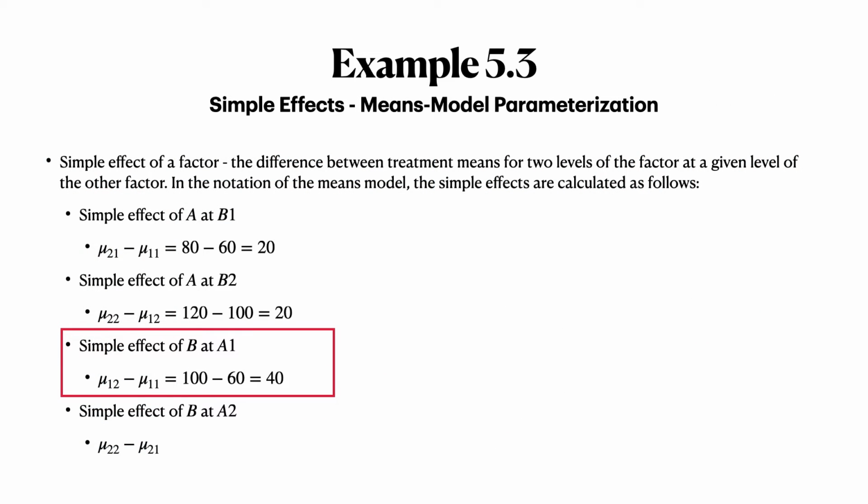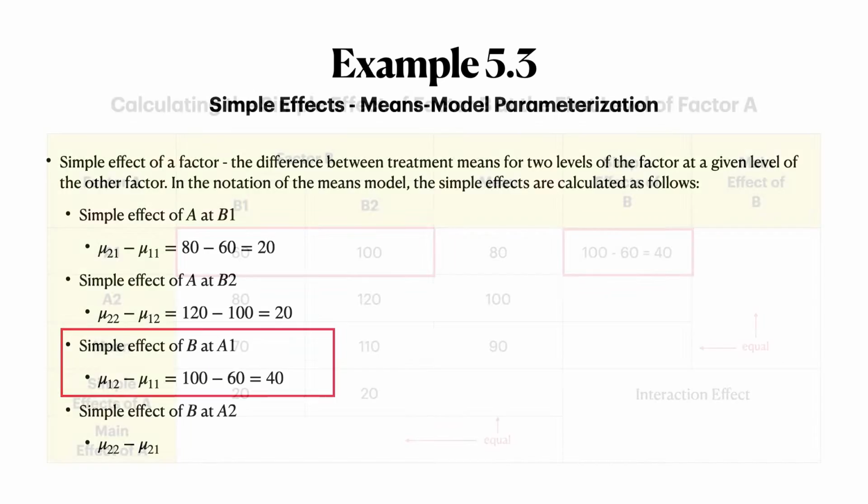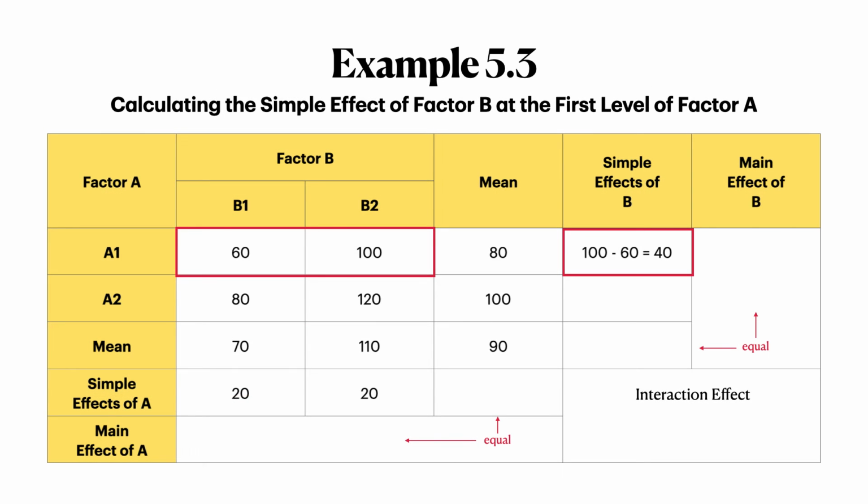Next, to find the simple effect of B at the first level of A, that is defined to be mu12 minus mu11. That turns out to be 100 minus 60, or 40. In the context of the table, this is what we're doing. We're finding the simple effect of B at the first level of A, at level A1, and so that's going to be the difference between 100 and 60.